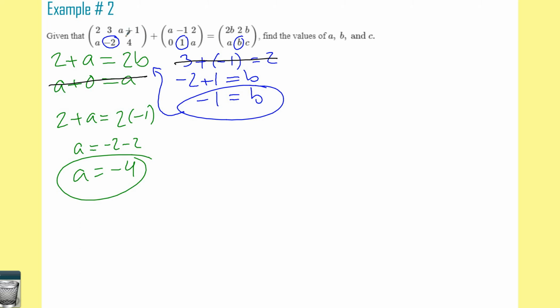The only thing we haven't found is C, so I'm just going to jump to this one. 4 plus A equals C. If I can write correctly, that would help. 4 plus A equals C. So we know what A is. So 4 plus negative 4 equals C. So 0 is C.